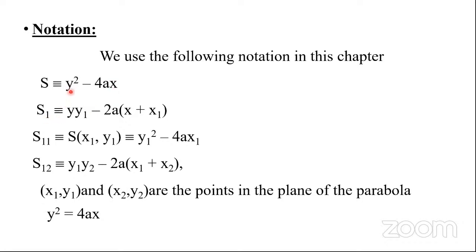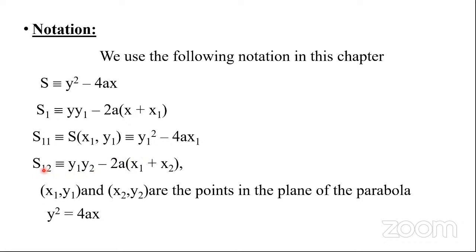S1 is y·y1 − 4a·(x + x1)/2, which can be written as y·y1 − 2a(x + x1). For S11, both x1, y1 should be substituted, so it is y1² − 4a·x1.